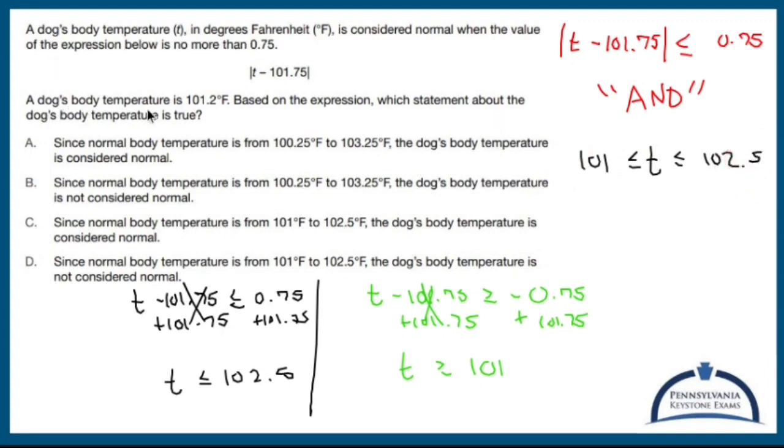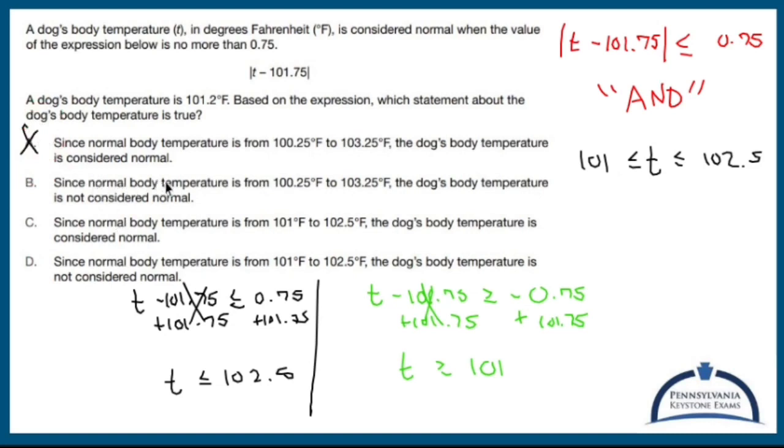So a dog's body temperature is 101.2. Which is good. Based on the expression, which statement about the dog's body temperature is true? Since normal body temperature is from 100.25 to 103.25, the dog's body temperature is considered normal. Well, I mean, this part's true. The dog's body temperature is considered normal, but 100.25 and 103.25 are not the numbers that I need, so let's cross you out.